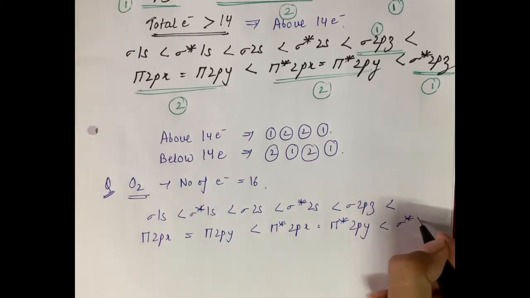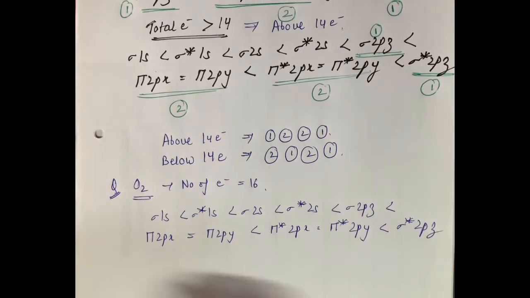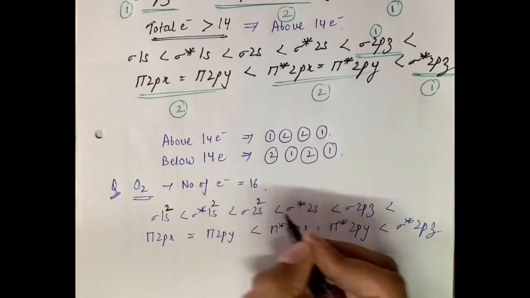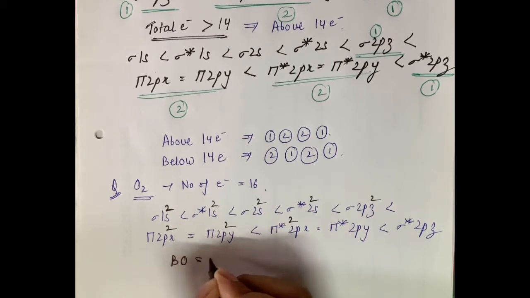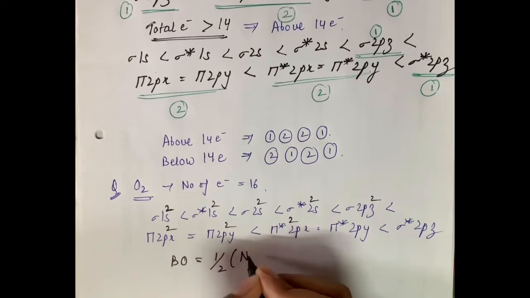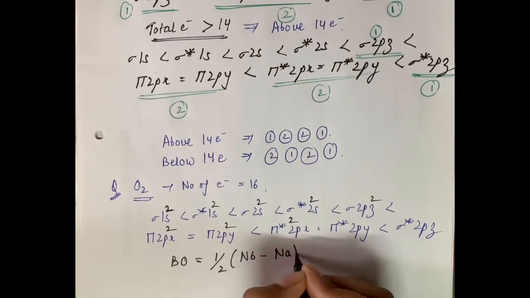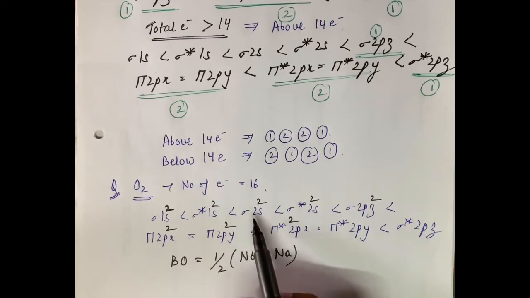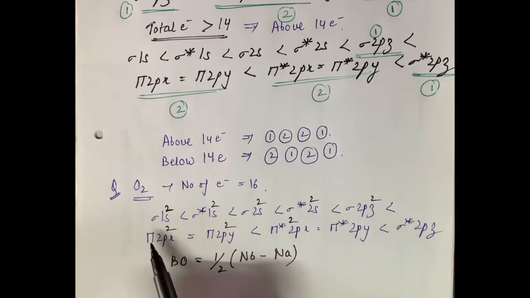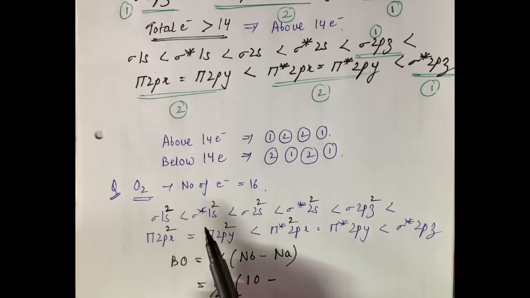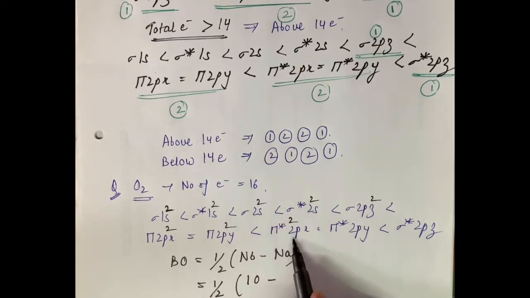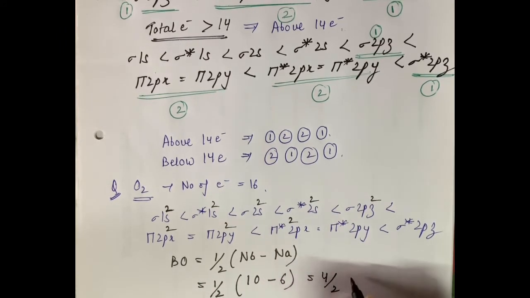Each term will have 2 electrons and there are 16 electrons in total, so electrons will be filled till pi star 2px. As the formula is half of NB minus NA, and NB here is 10 and NA here is 6, the formula would be half into 10 minus 6, that is 4 by 2, which equals 2.